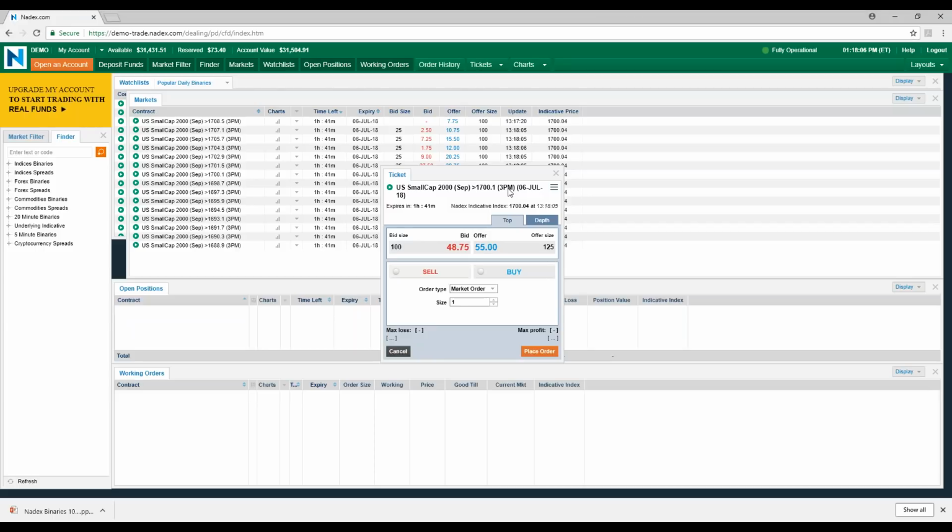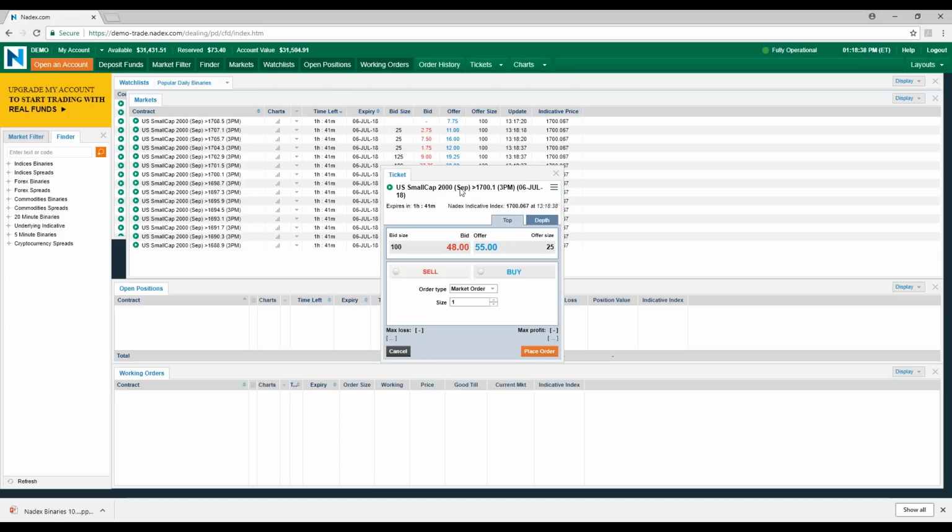That's it. That's a binary option right there. It's a statement that the small caps will expire greater than 1700.1 at 3 p.m. today. Will that statement happen? Think about what binary means: it's yes or no, true or false, 0 or 1. This statement either will happen or it will not happen.